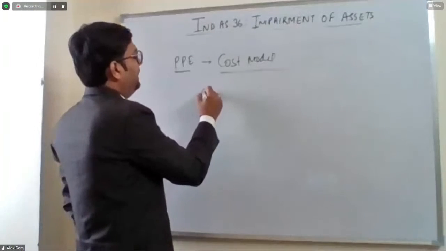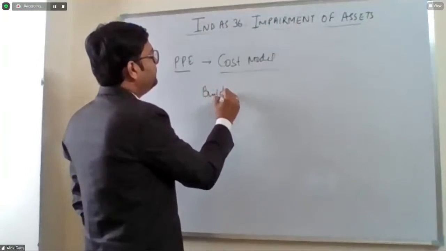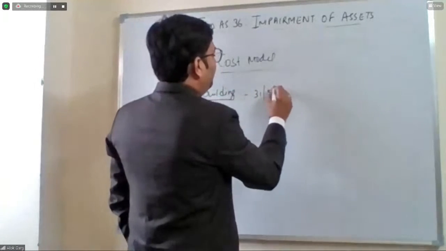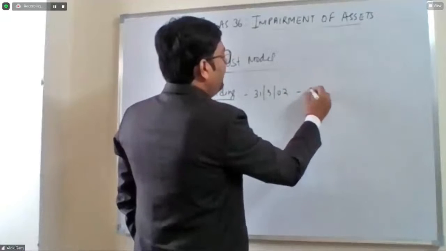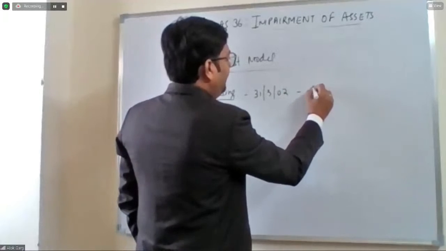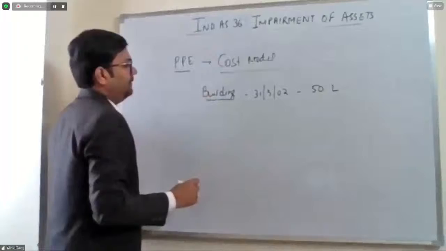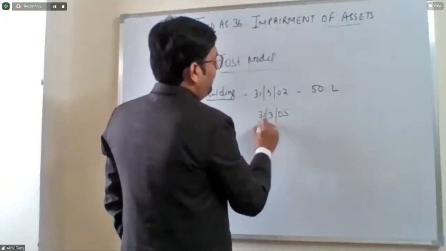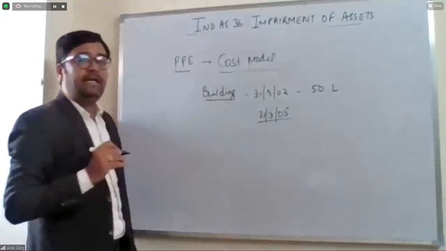Let's say there is a building. On 31st March 2002, the value of the building is, let's say, 50 lakhs. On 31st March 2005, there was a negative announcement.